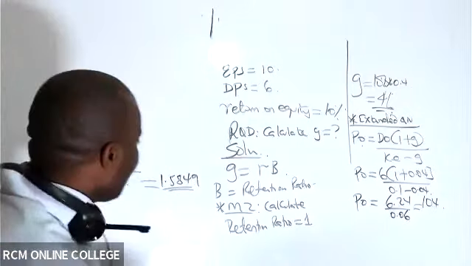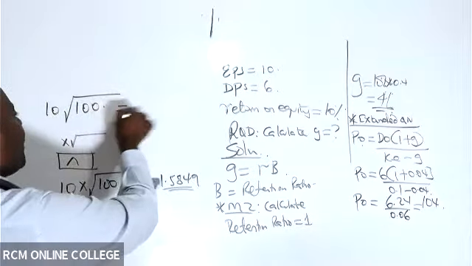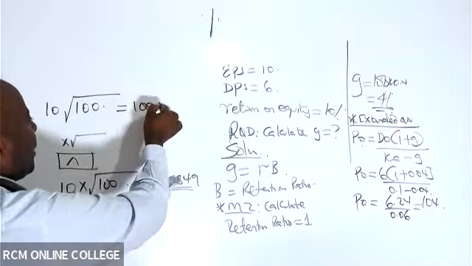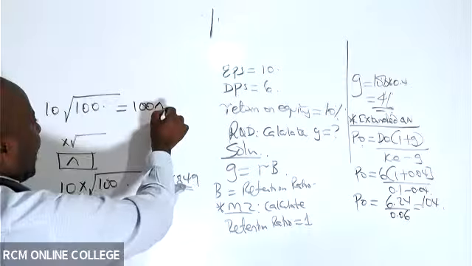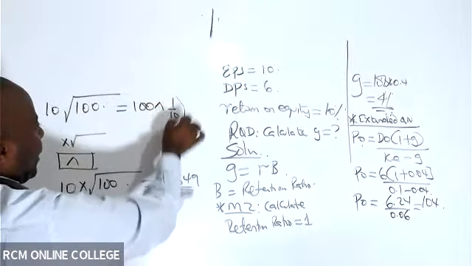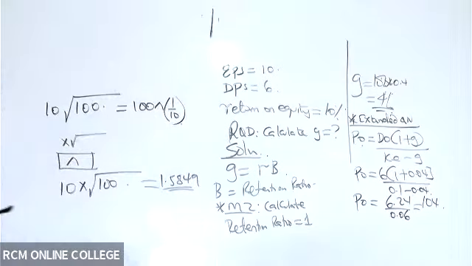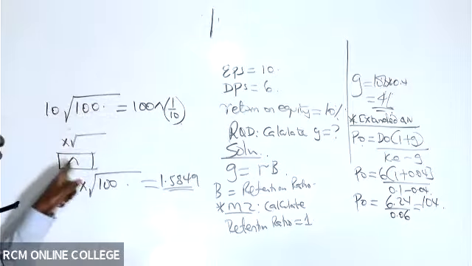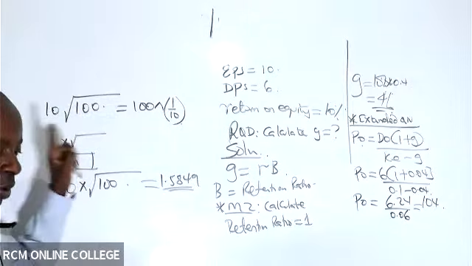If you don't like this method, this will be the same as 100 raised to, what here, somebody? Raised to 1 over 10. If you don't like this extra thing, you can say 100, and then you press this raised directly, raised to 1 over 10.